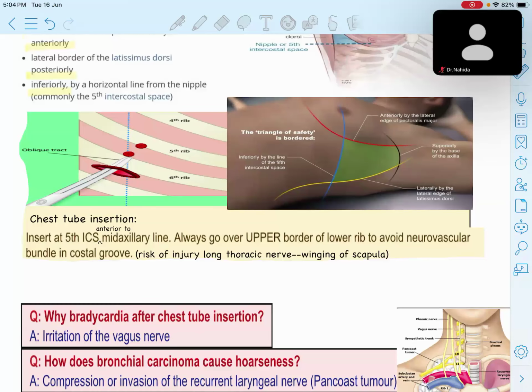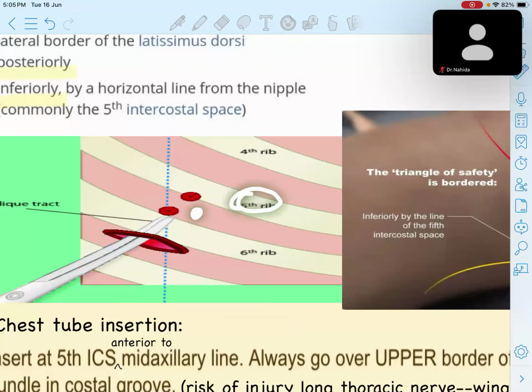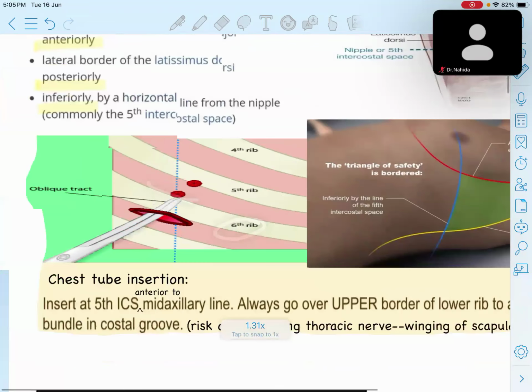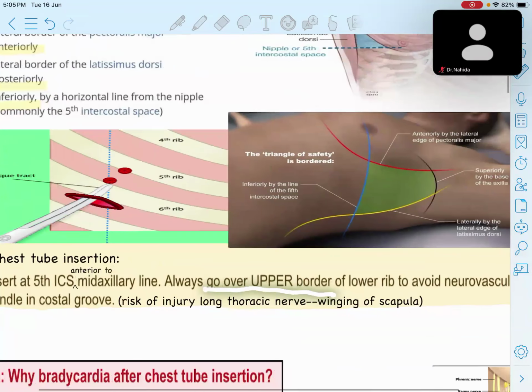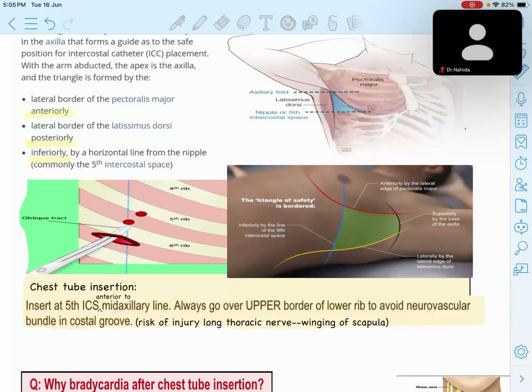Many study materials write only mid axillary line, but you should say anterior to it, because otherwise there is risk of injury to the long thoracic nerve, with consequent winging of the scapula. Insert in the fifth intercostal space, at the upper border of the sixth rib, to avoid injury to the neurovascular bundle in the costal groove. So you have to know these key things.